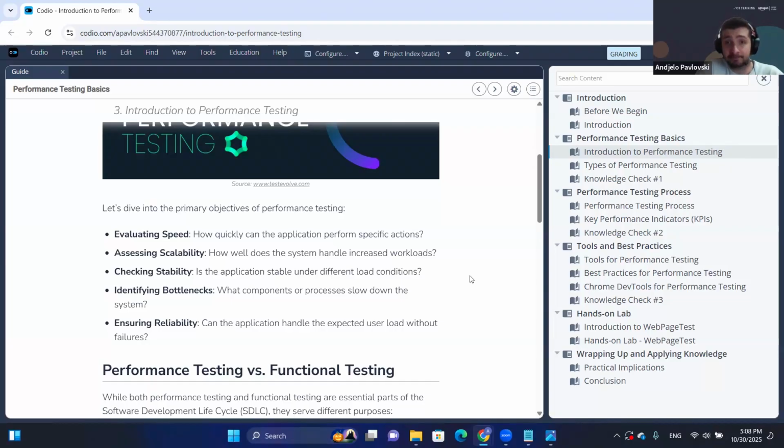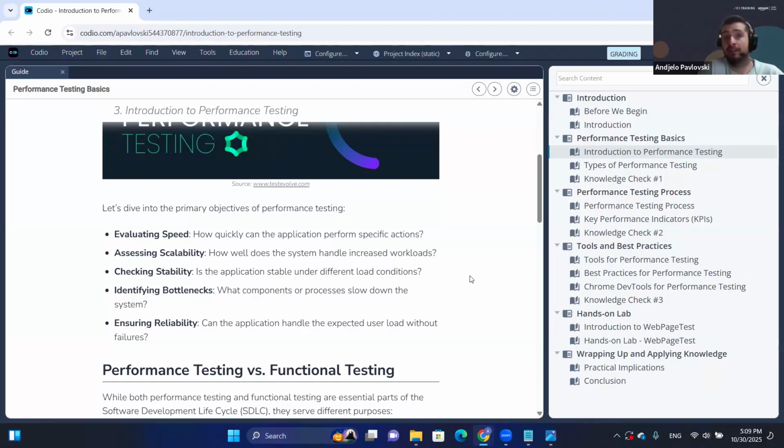Assessing scalability. So you want to make sure that the application can handle different sets of loads over time. Maybe sometimes the application has to increase tenfold. Sometimes it might need to downgrade fivefold. So you want to make sure that those scenarios are all well maintained and can take in all those users and traffic. Stability. So again, when we check non-functional aspects, one of the key aspects is stability.